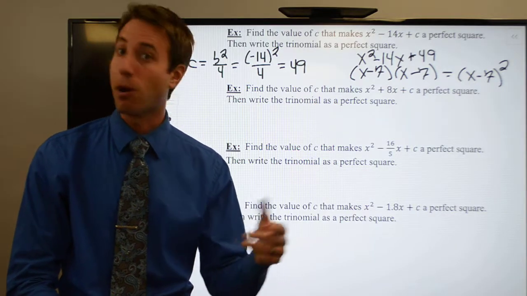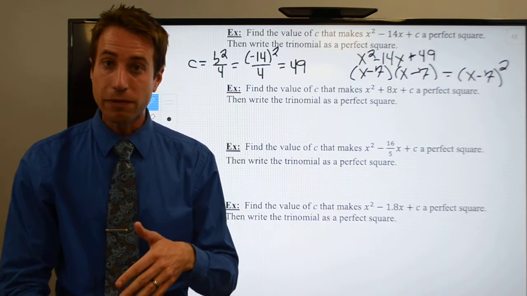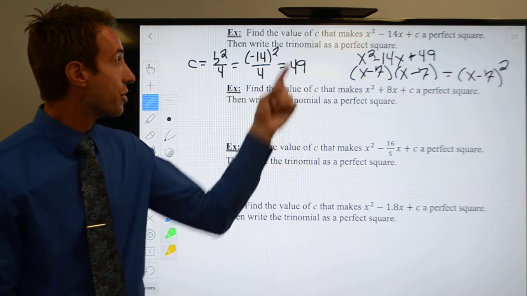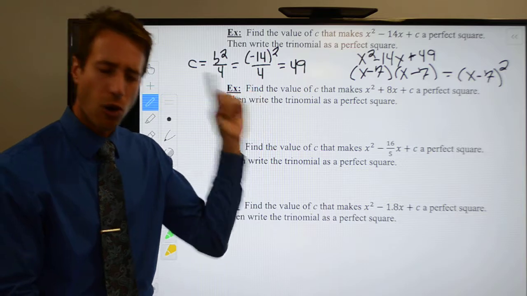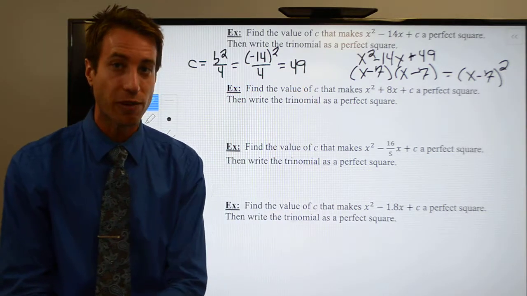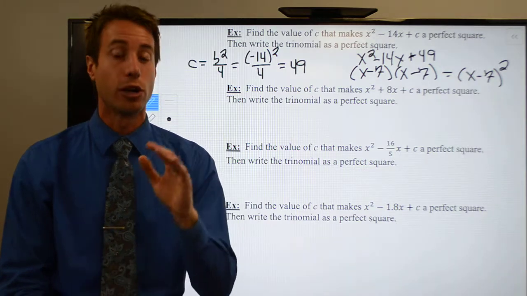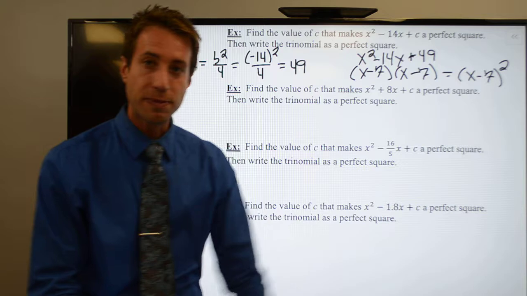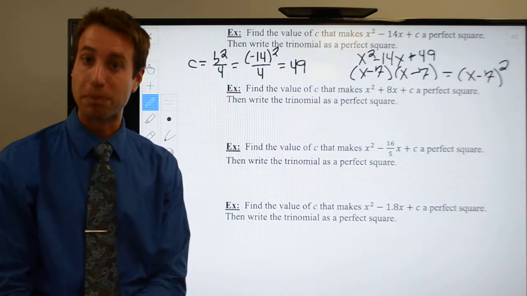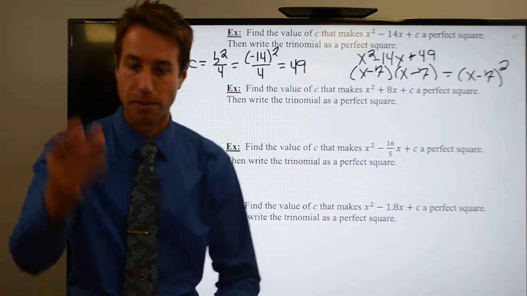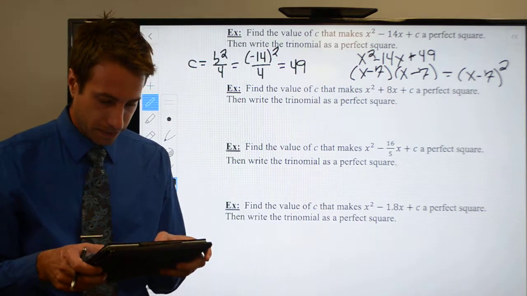A positive times a positive is positive, and a negative times a negative is positive. So this will always come out to be a positive number. In fact, if you ever do b squared over 4 and you get a negative number, you messed up, fix it. It should always come out to be a positive number. So here we go. Let's try a couple more.